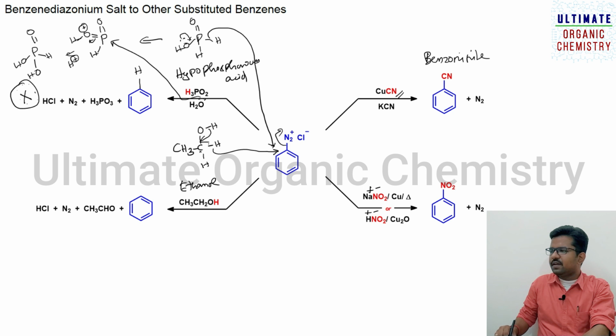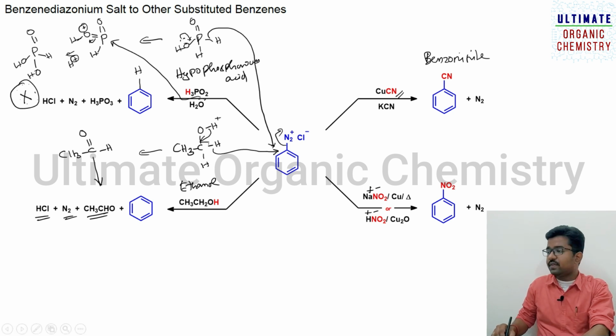So this part will become CH3, C double bond O, hydrogen, that will be converted into acetaldehyde. It is getting oxidized. This hydrogen will be leaving as H plus. This H plus and Cl minus will form HCl, and nitrogen gas will be removed, and the formation of acetaldehyde will take place to form benzene as a product.